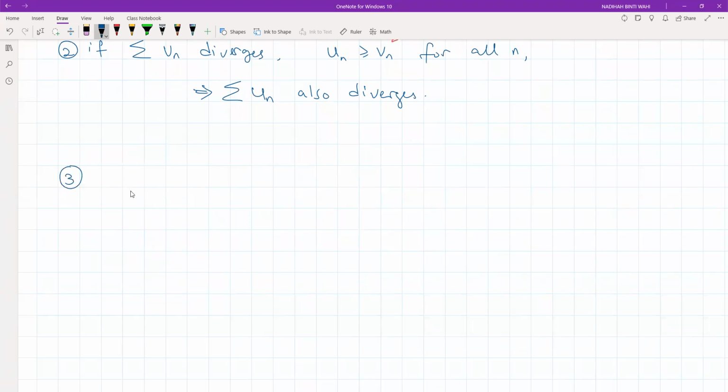Number 3, if we take the limit as n goes to positive infinity, Un over Vn, this is equals to any constant a, and a is obviously positive because why? Because this is a positive term. Un and Vn are positive term. Okay, and a is finite number. It's not infinite. A is finite.